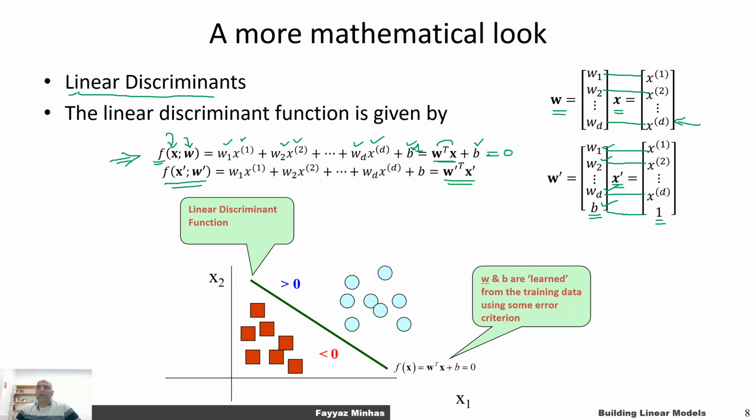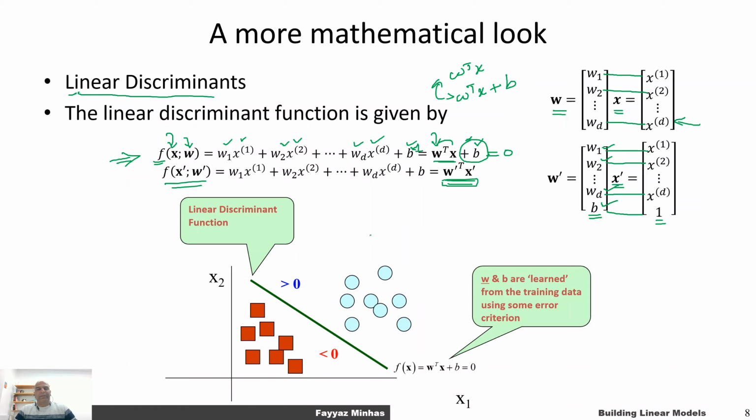Some people may drop this plus b part, and they can just say that it's already included within this representation. So if you see w transpose x somewhere, probably it can be very easily extended to w transpose x plus b, or in other words, these two can be very much equivalent.